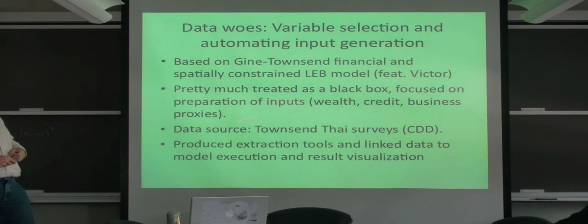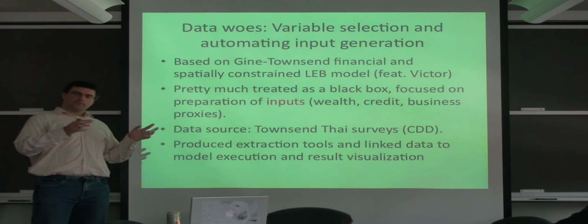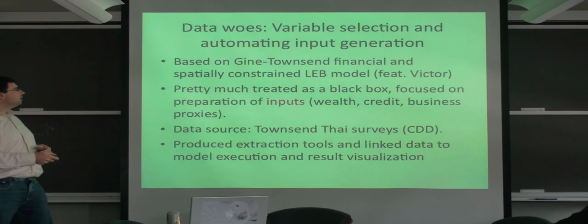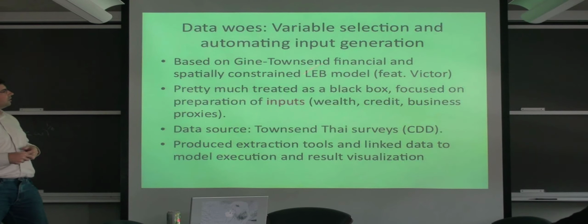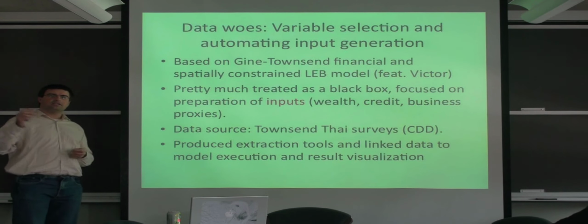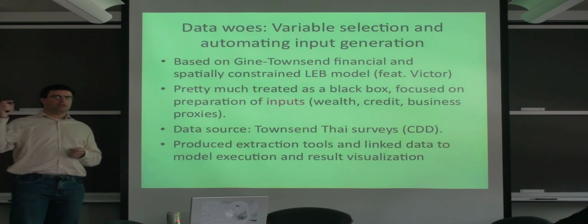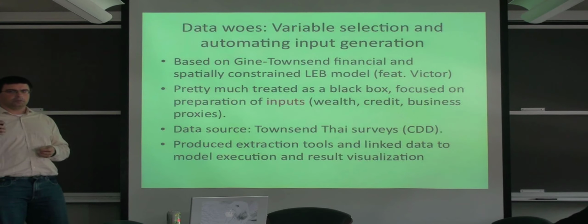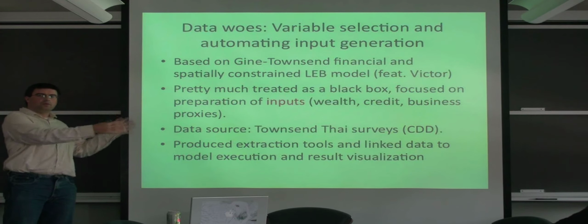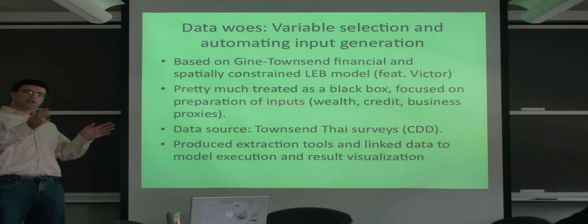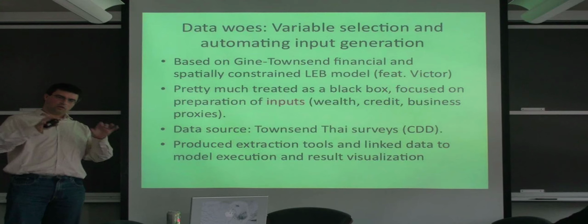So how can you run this occupational choice model at various disaggregation levels, or with various variables as inputs? This model takes as inputs some proxy for wealth, some proxy for credit, and a proxy for business or entrepreneurship thinking. So how do you build those proxies such that you can run the model and see what happens when you change the variables, or how you build the proxy?